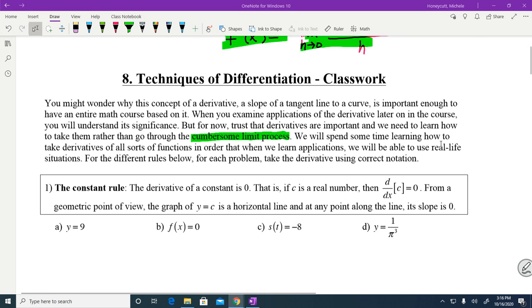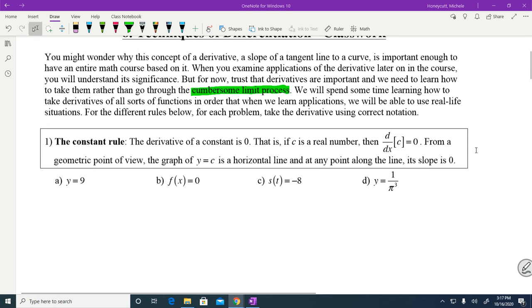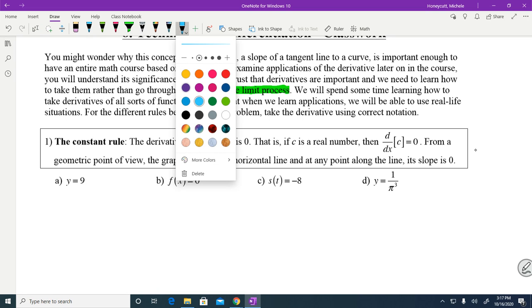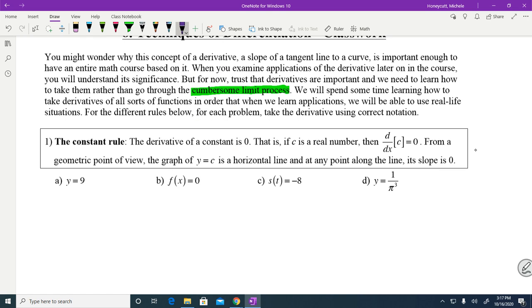Now look back up at the top of the page when we're talking about derivatives. Now let's talk about constants, because you might have something that just says y equals a number and then you're asked to find a derivative. So we can do this the same way, but if you think of this as being y equals 9, and if there's no x here, I could say that's the same as y equals 9 times x to the 0 power, because anything to the 0 power is 1.